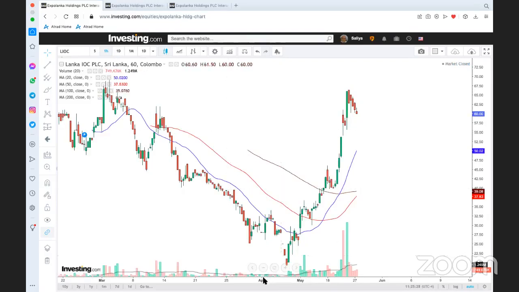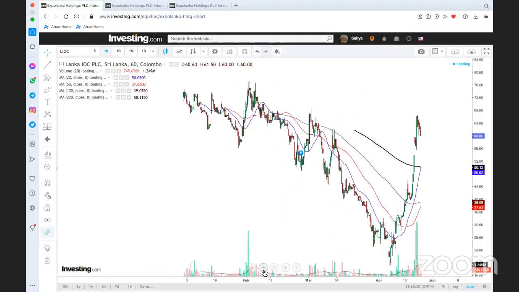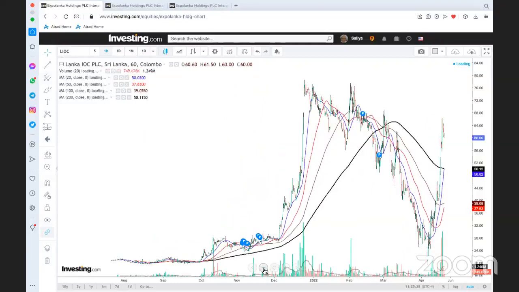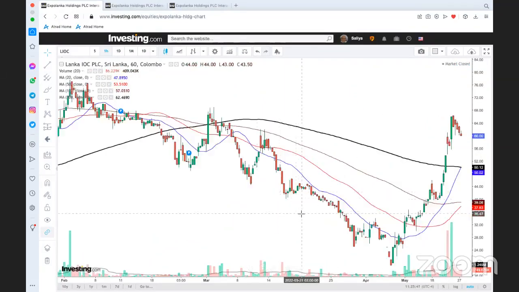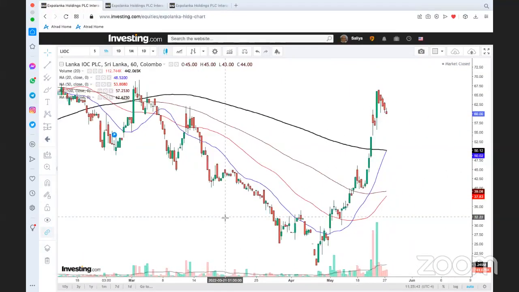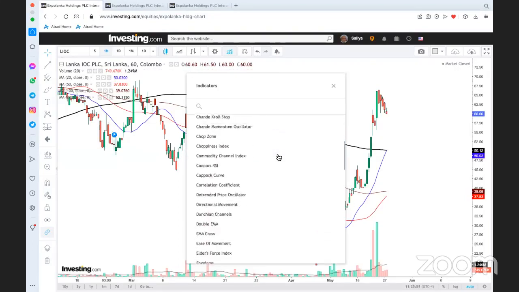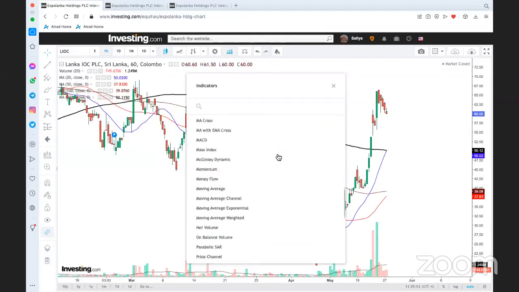In order to make my entry positions, what I do is use momentum indicators and some other indicators as well. Famously, on the body of this chart itself, I'm using the parabolic stop and reverse.